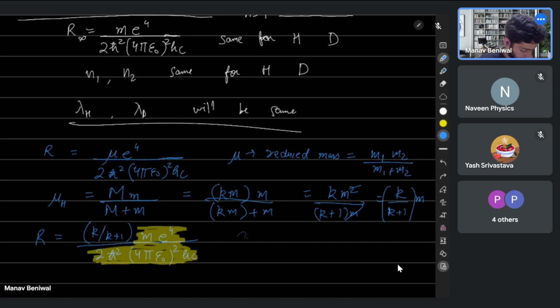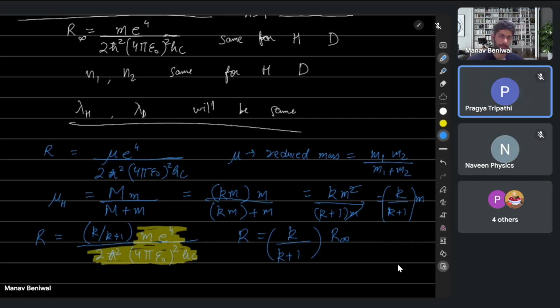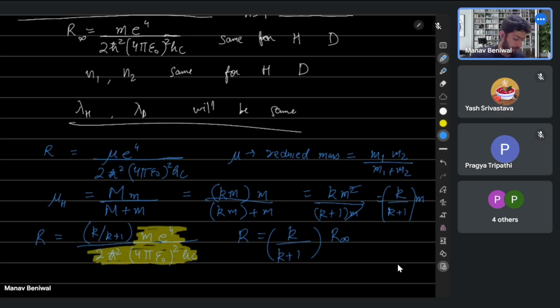So then you can write your r to be k over k plus 1 times r infinity. Is this clear? Yes, sir. Okay. Thank you. So when will r and r infinity become the same?